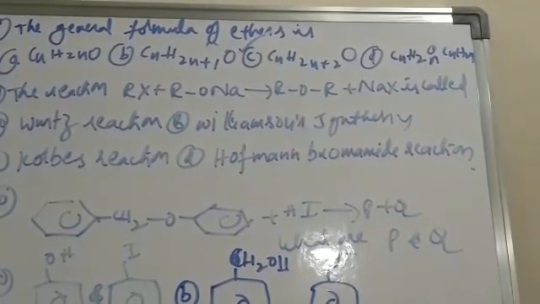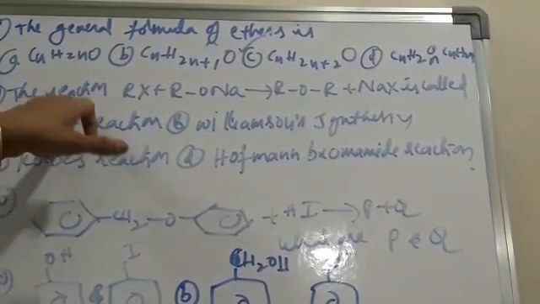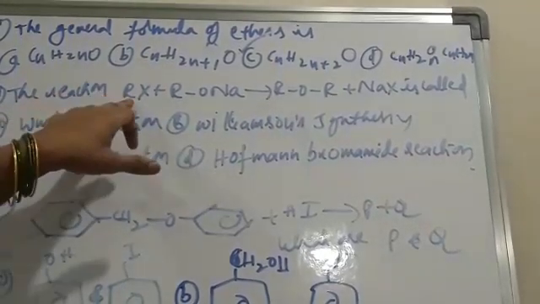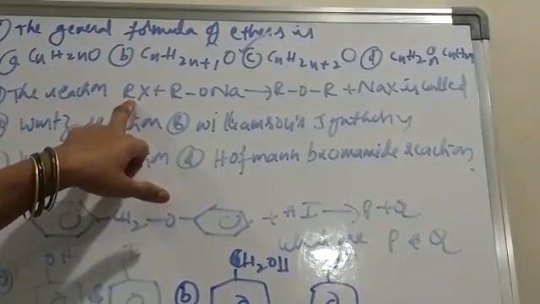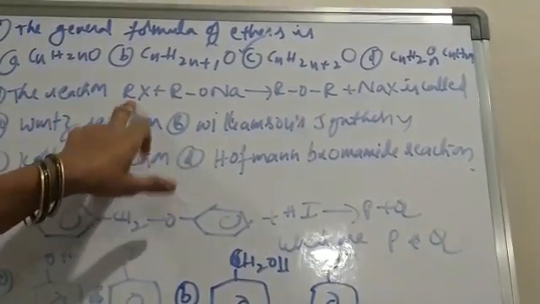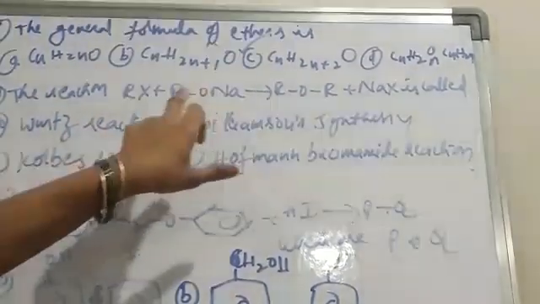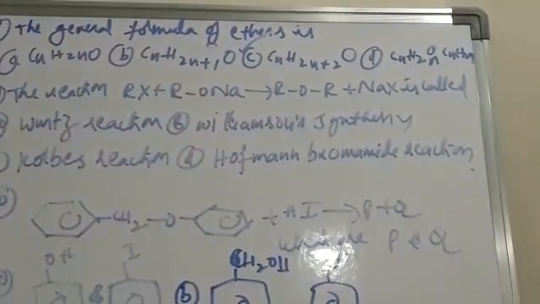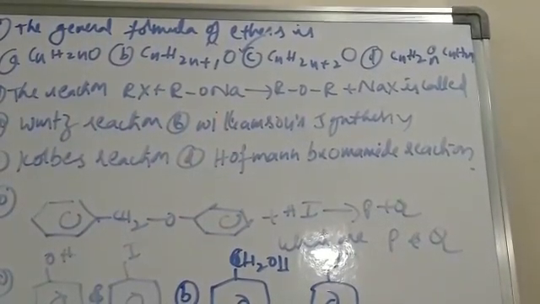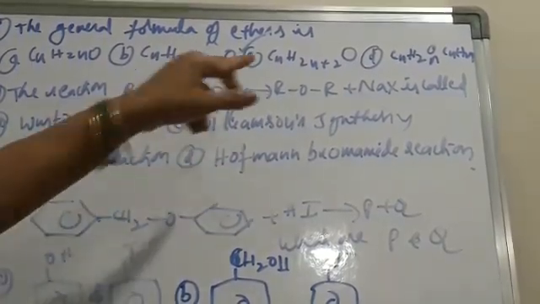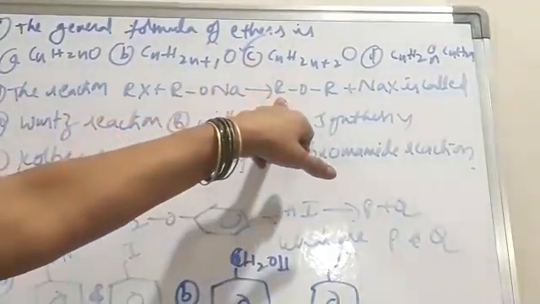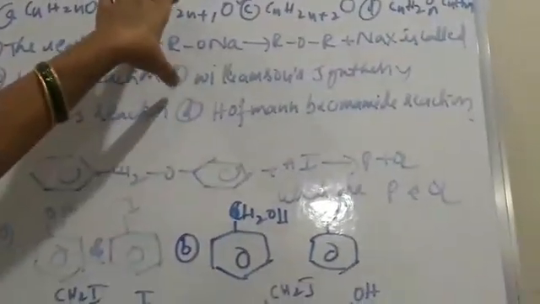Okay. Next, the reaction RX, here it is alkyl halide, with sodium alkoxide, RONa, sodium alkoxide. We get ROR. ROR is general formula of ether and sodium halide. So this reaction is called, okay.